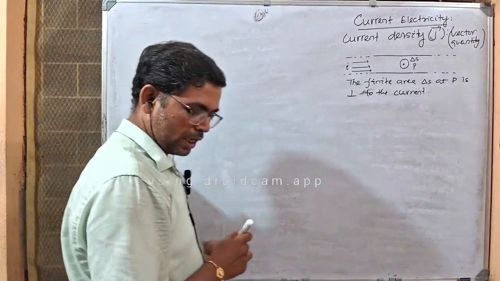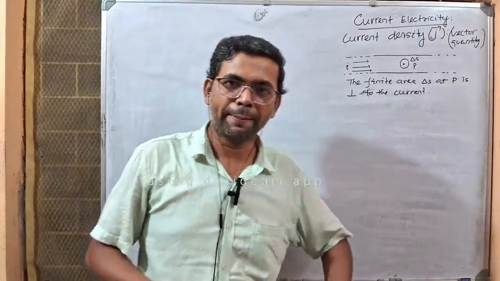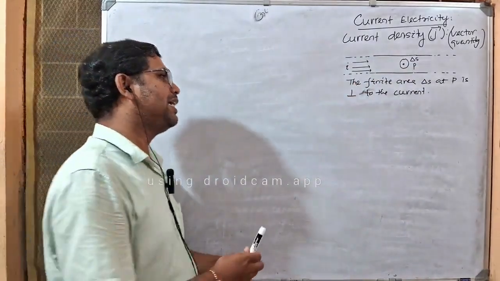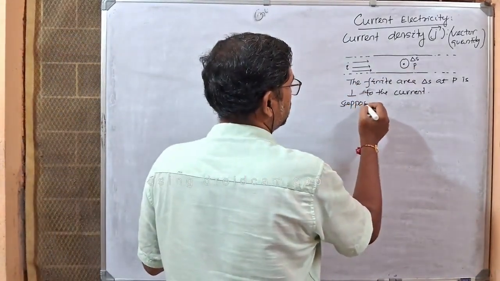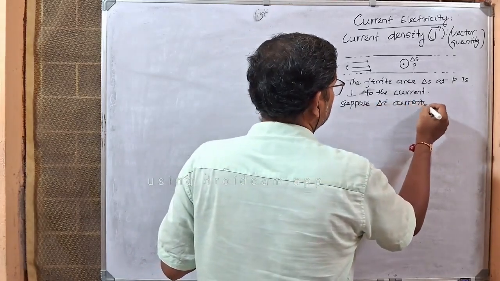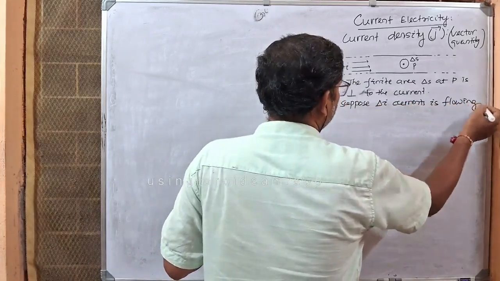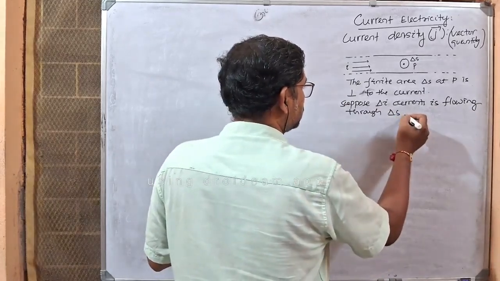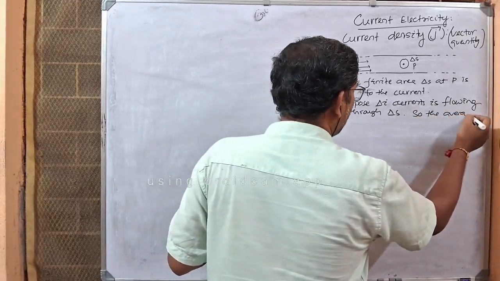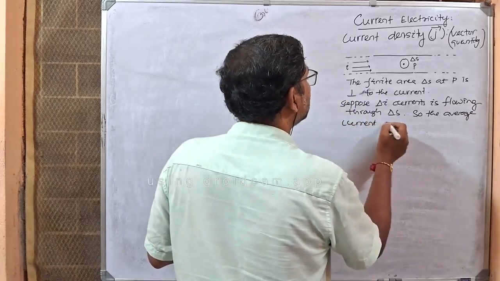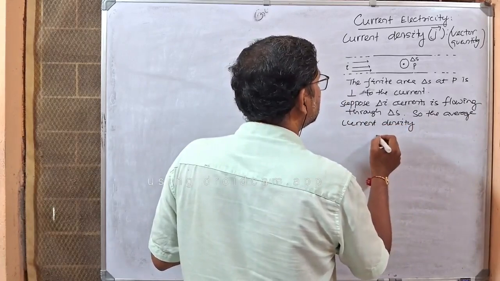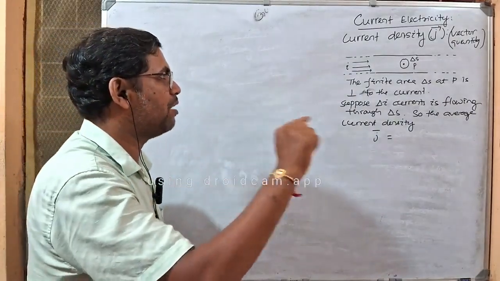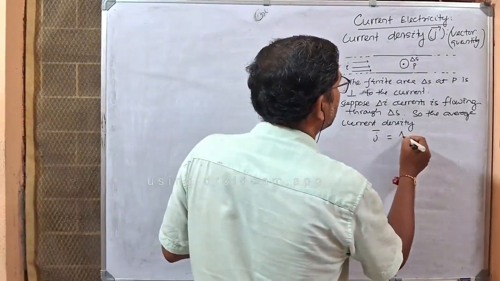The current that is passing through this area delta S is delta I. So the average current density, J with a line over it, which means average, is equal to delta I by delta S.